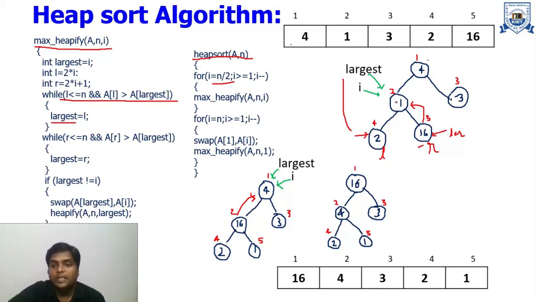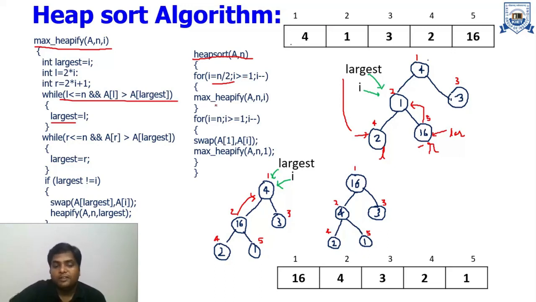Non-leaf nodes start from n by 2 down to the root node, that is index 1. So we will start with the non-leaf node having the largest index. Here we have two non-leaf nodes, at index 1 and index 2, but the one with the largest index is 2. So we will start from here while I is greater than equal to 1.